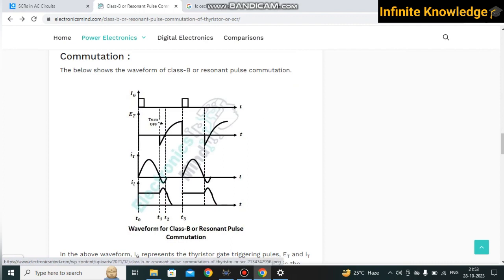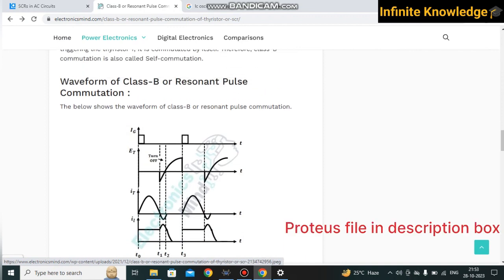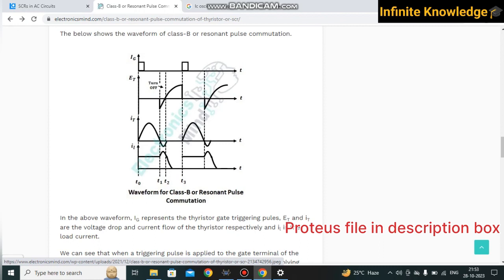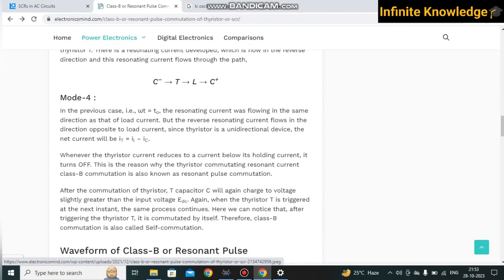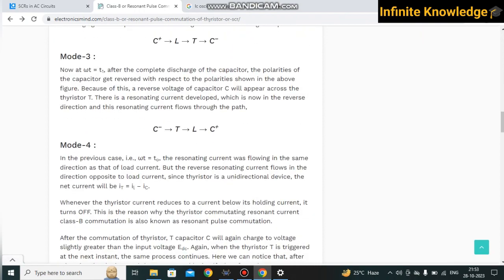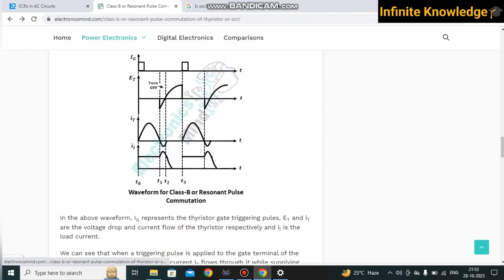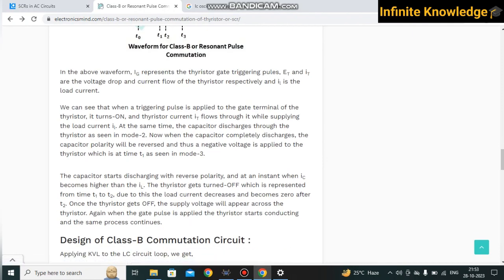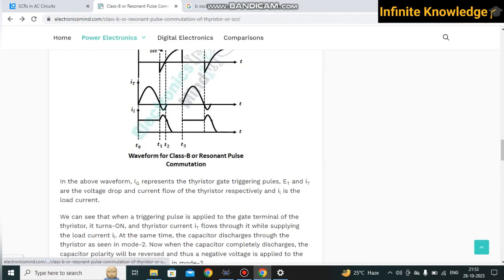Okay, here again I explain in a similar way. This is the supply when the gate pulse is given. Your VT, meaning the voltage across the SCR, and your current flow. Once your current is increased, here your current is decreased. IT means the current that is flowing through the thyristor. It decreases in mode 3, so it is nearly zero, your load current becomes zero, and the thyristor gets turned off.